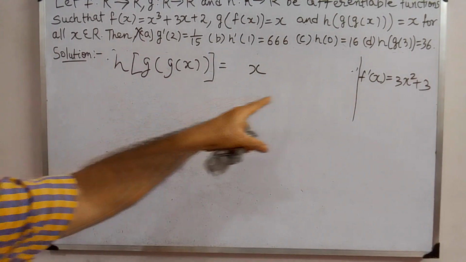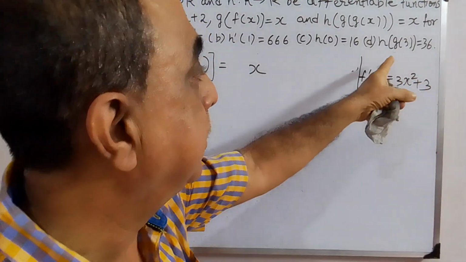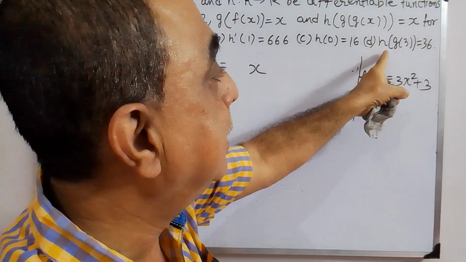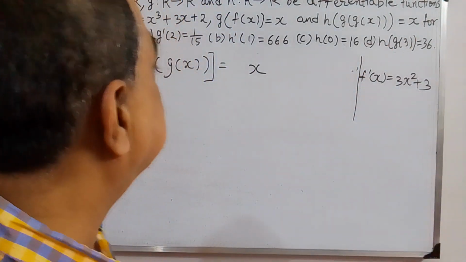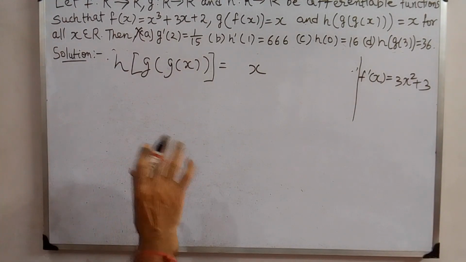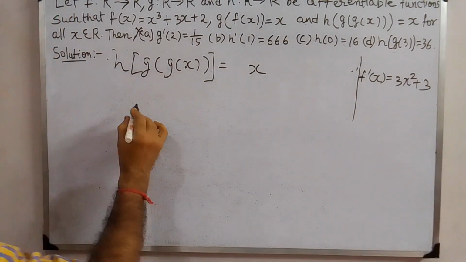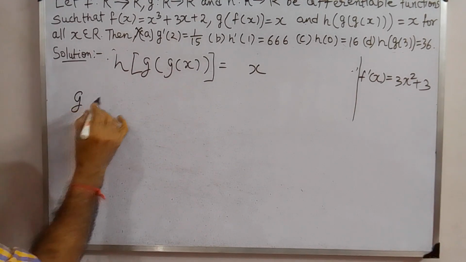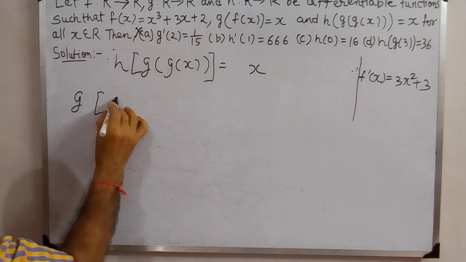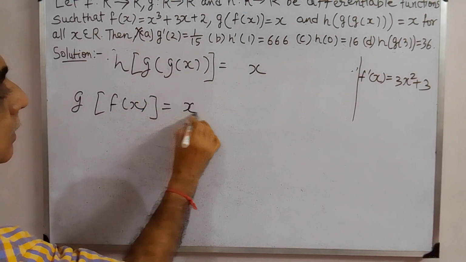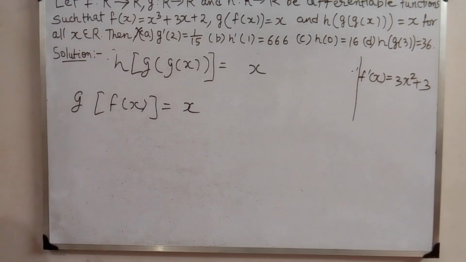Now first I bring the D part. What is in D? It is h g 3, so g 3 is given. So let us see what we have. We have g of f(x). g of f(x) is given to be equal to x.